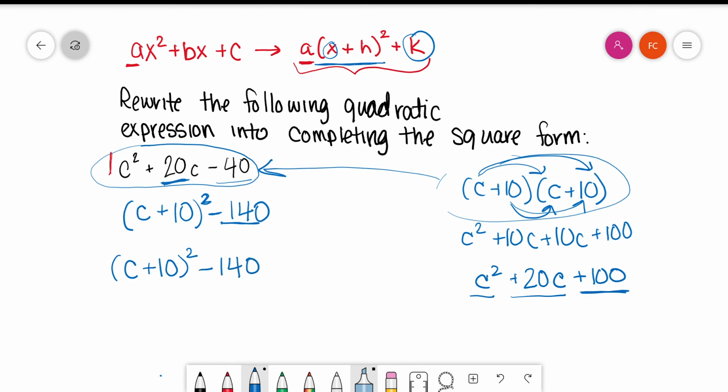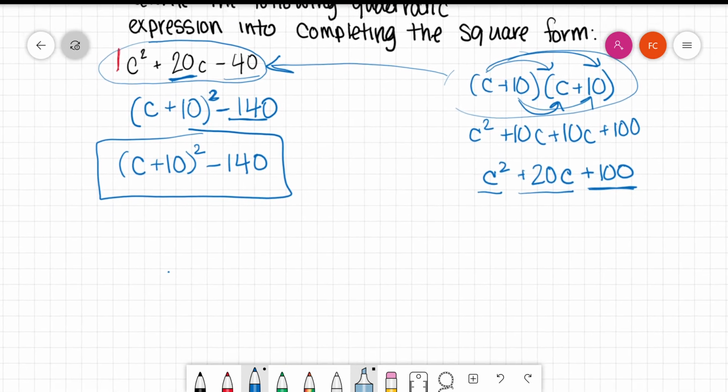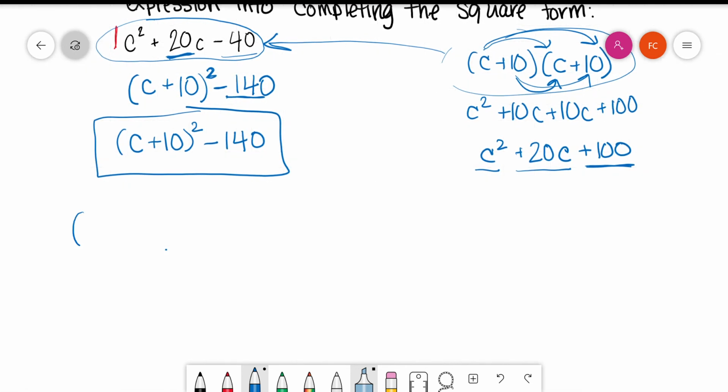And if you aren't certain, if you're like, I think that's right, but I'm not sure, then do the work and actually expand it. So I'm going to do c plus 10 times c plus 10, because that is what c plus 10 squared means, to take that expression and multiply it by itself. And then minus 140.